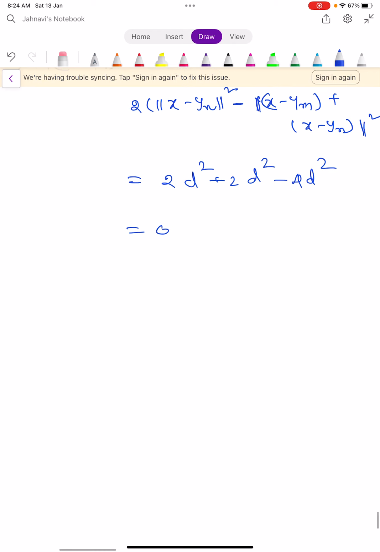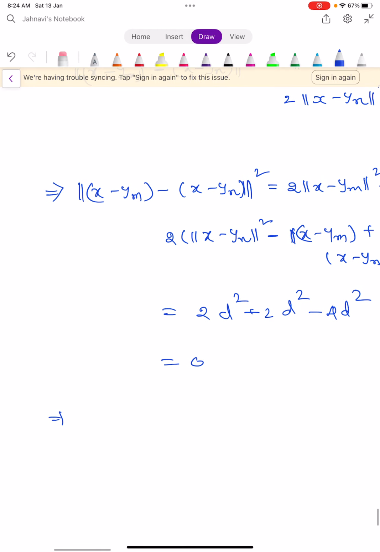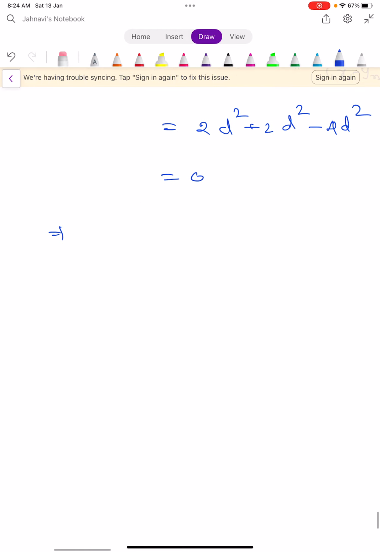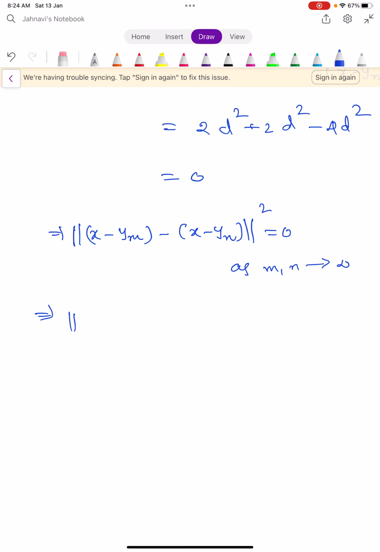So this condition implies, as on the left side we have the term norm x minus ym minus x minus yn whole square is equal to 0 as m, n tends to infinity, which implies norm ym plus yn whole square is equal to 0, because x minus x gets cancelled here.